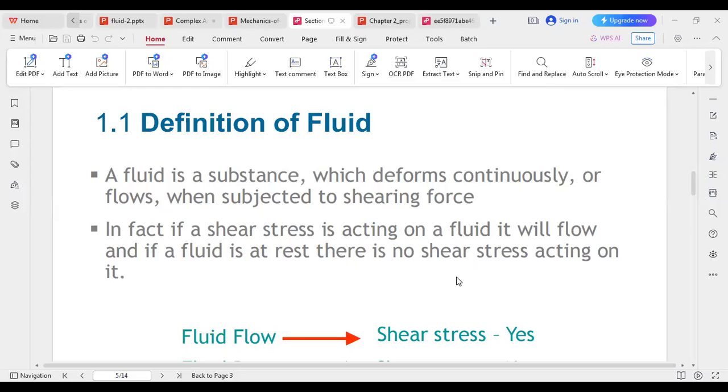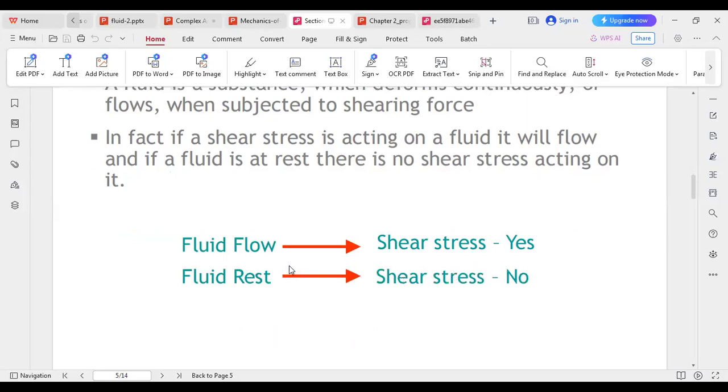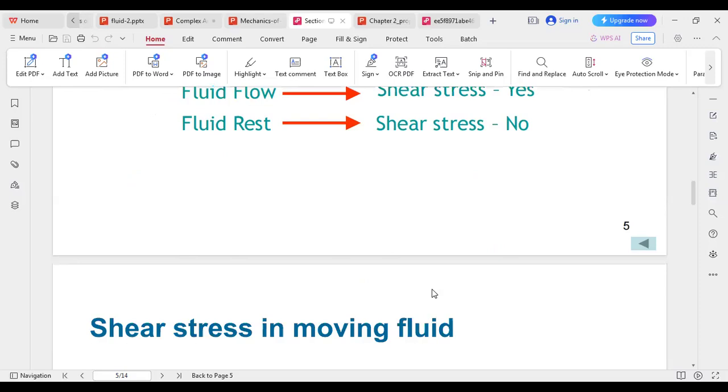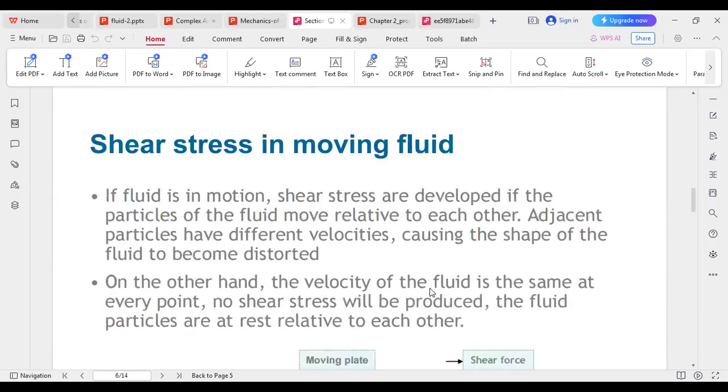So depending on shearing stress, there are two types of fluid. If the fluid flows, then shear stress is present, and if the fluid is at rest, shearing stress will be absent. So according to the shearing stress in moving fluid, we can divide it into two categories.